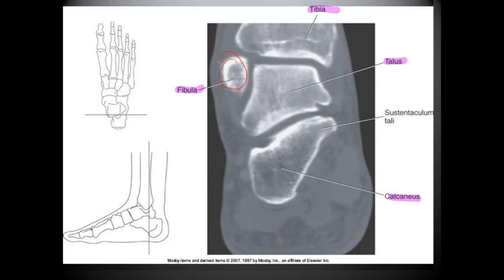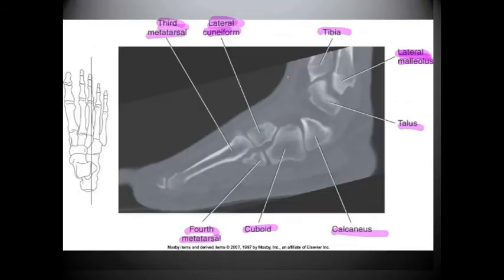Once again, here is the talocrural joint. We have lateral malleolus, medial malleolus, talocrural joint, subtalar joint, calcaneus, talus. Here's a sagittal view. As we can see, based on this image, we're going through what looks to be the third metatarsal.